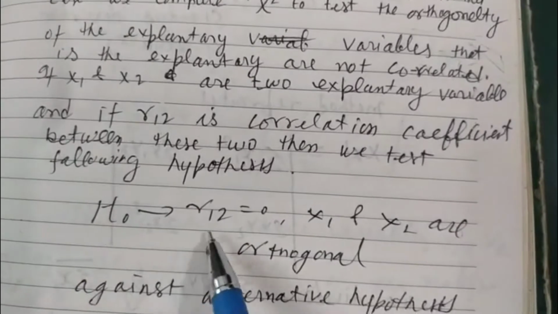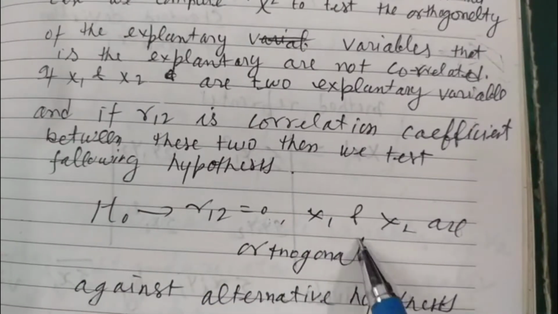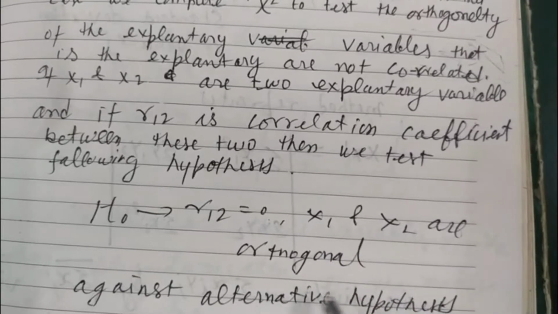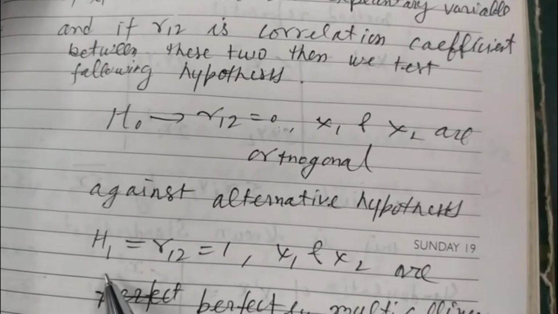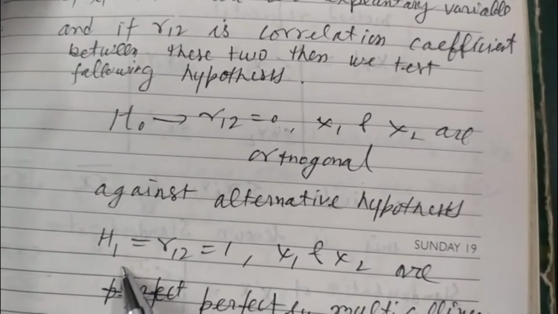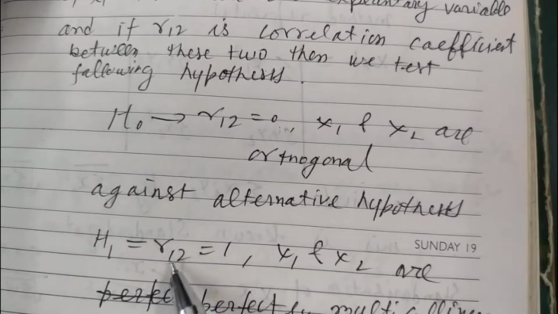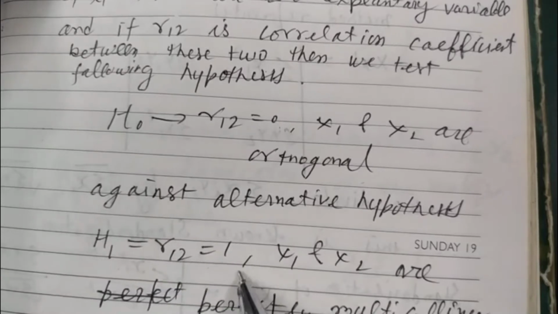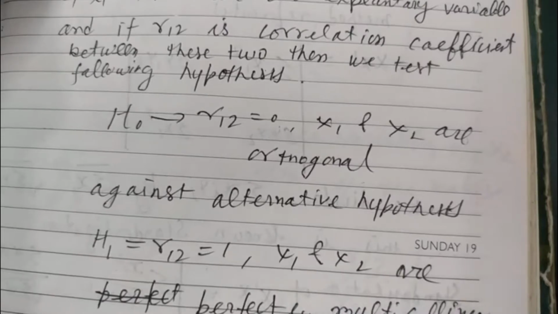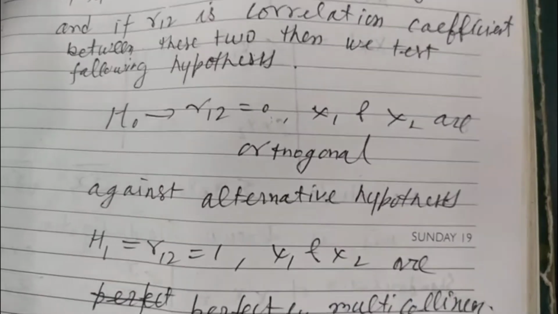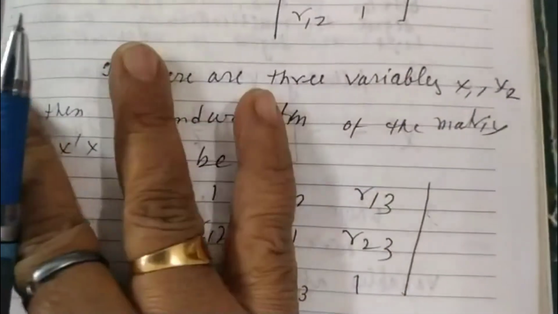Null hypothesis: correlation coefficient is equal to 0, x1 and x2 are orthogonal. Against alternative hypothesis H1: the correlation between x1 and x2 is equal to 1, x1 and x2 are multicollinear, not orthogonal.